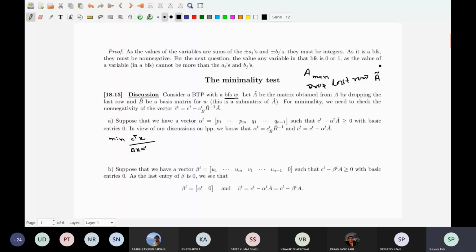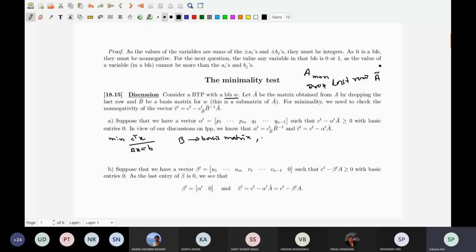And suppose that I had a basis matrix B, and some V, the BFS.